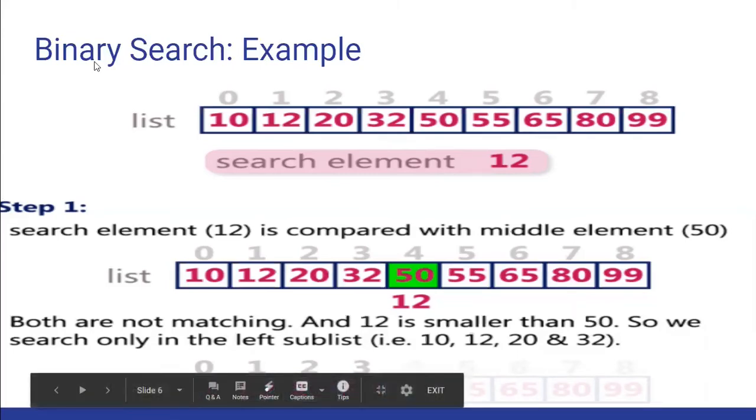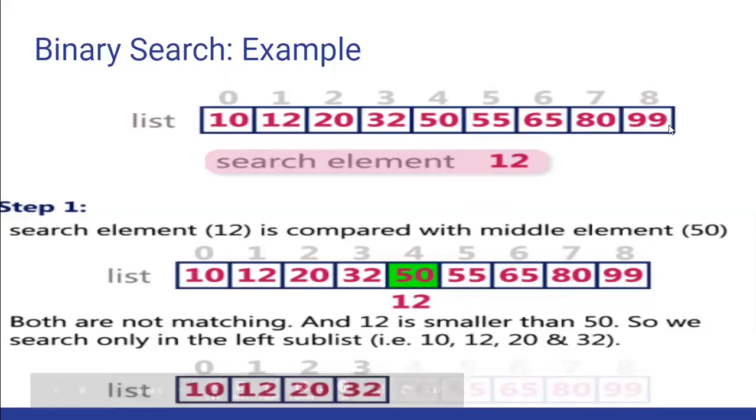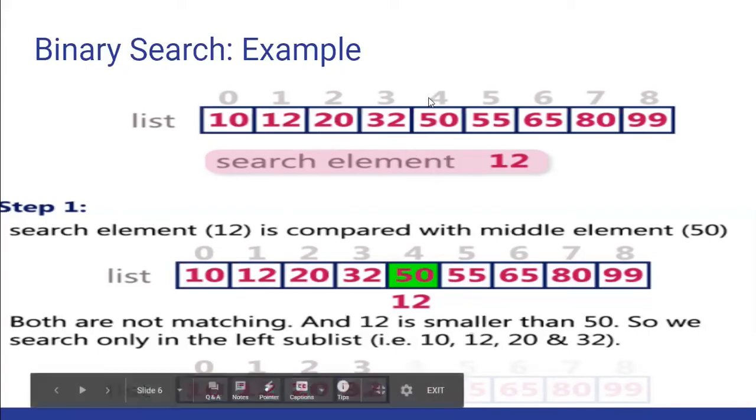Now here is a simple example of binary search. Here you can see there are 9 elements, and the elements are sorted in increasing order. Now suppose we want to search for the element 12 from this list. What is the first step? We compare the search element with the middle element. What is the middle element?